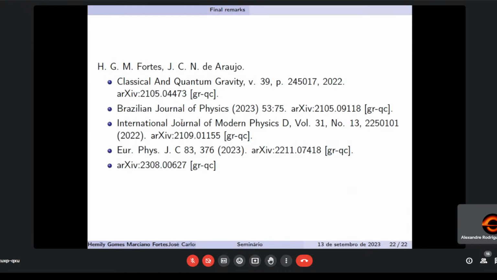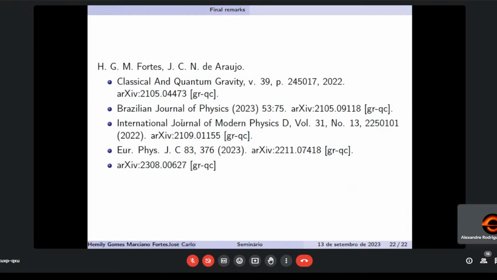If we consider f of T equals T plus C to the beta power, where beta is any number, we can look at a more general scenario.